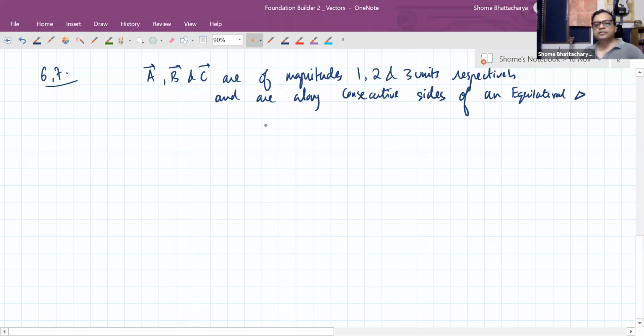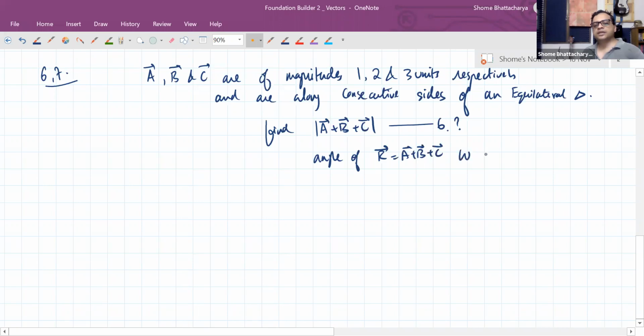From that we have to find the magnitude of A plus B plus C. That is question number 6. And we have to find the angle of the resultant, which is A plus B plus C, with respect to the vector A. That is the seventh question.